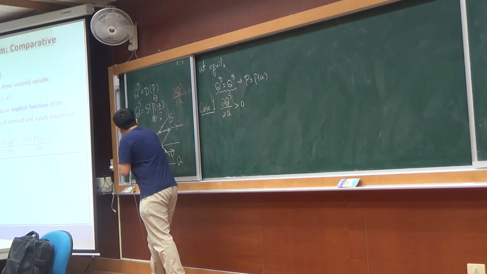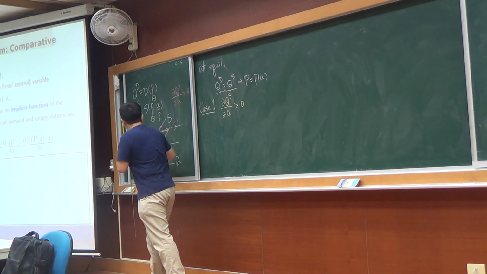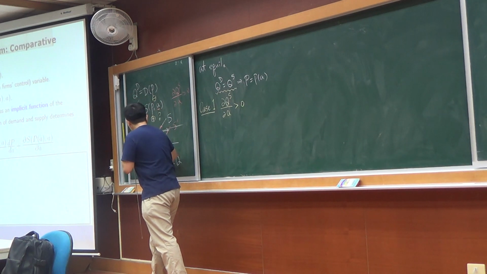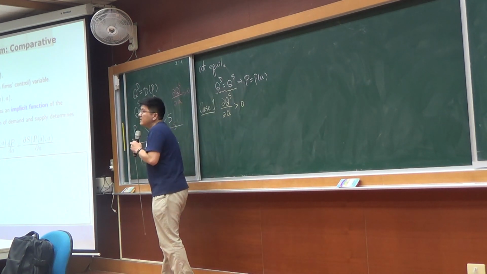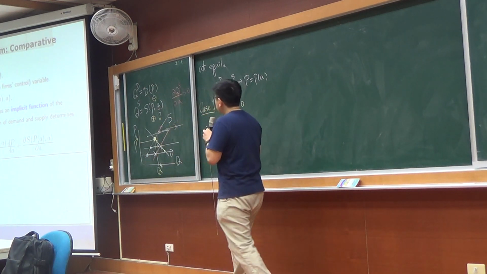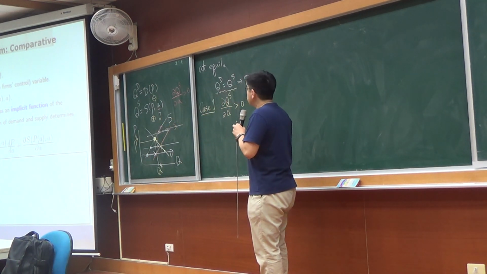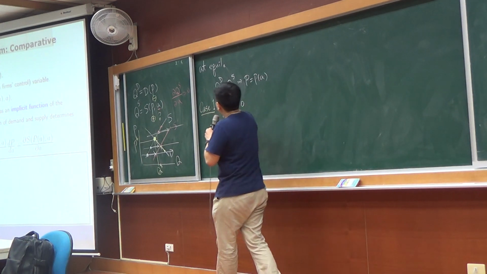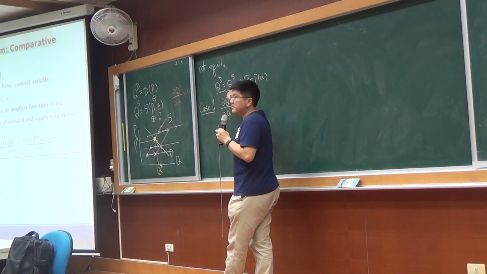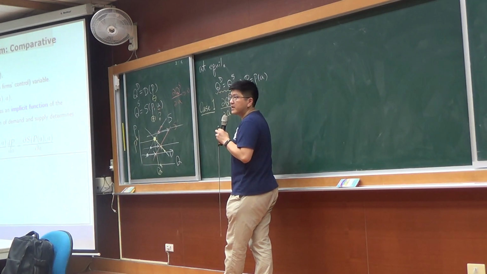So it corresponds to the equilibrium price and equilibrium quantity. So when we reach equilibrium, then quantity demanded must meet quantity supplied.